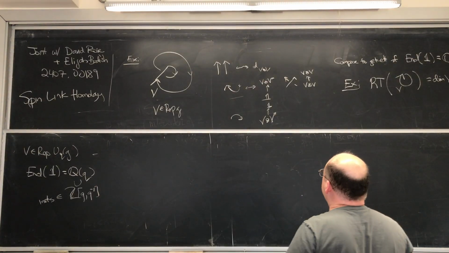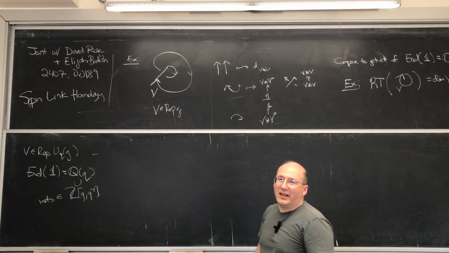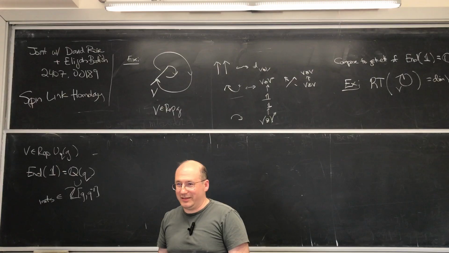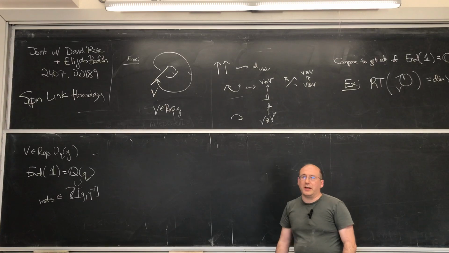Cups and caps are just built into the fact that you're in a pivotal category. Rep G is a pivotal category, it is rigid monoidal. Yes, this is all built into the structure of the quantum group algebra itself.